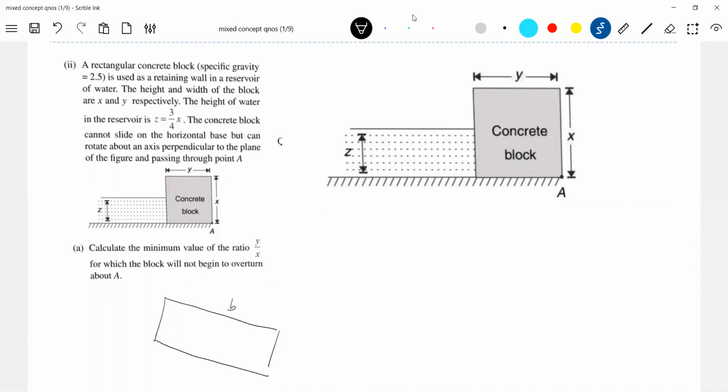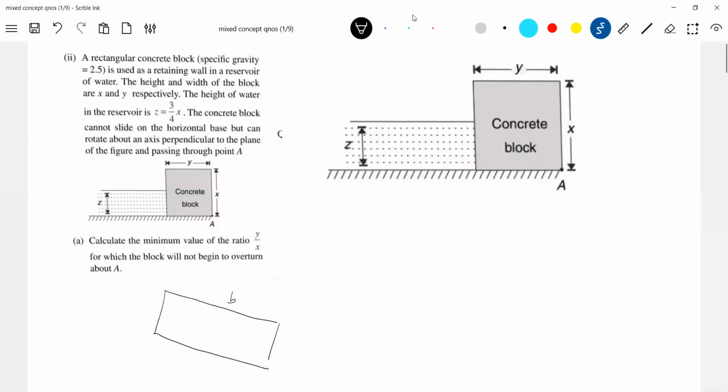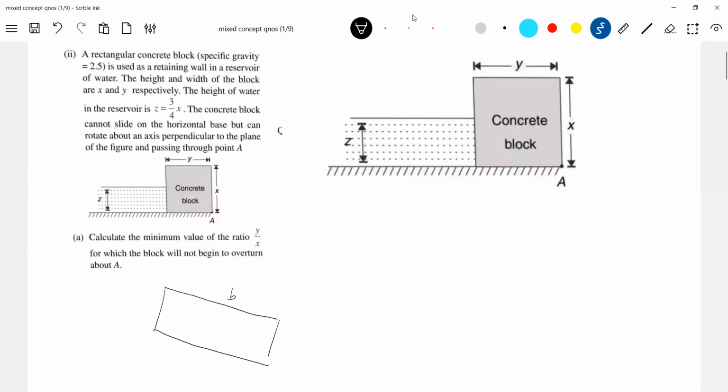The width of this, let it be B. I think I'll give a better diagram. Okay, there's a liquid present.